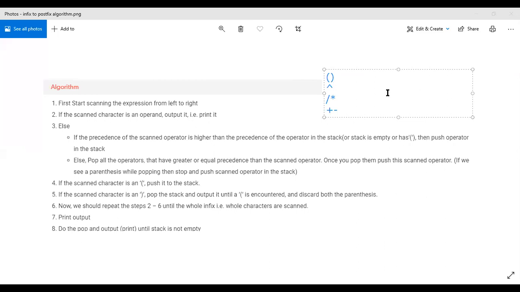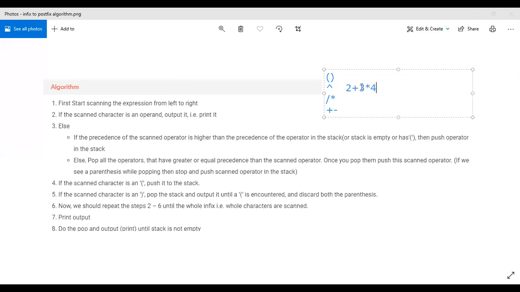For example, you can see on the screen, 2 plus 3 star 4. Here two operators are there. So which operator do I have to convert to postfix first?